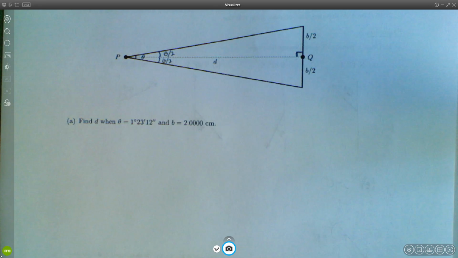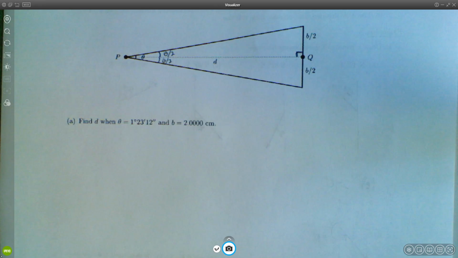Here's what I'm going to do. I'm going to say theta is 1 plus 23 out of 60 plus 12 out of 3600 degrees. I want to find theta over 2, so I'm going to divide all of this by 2.